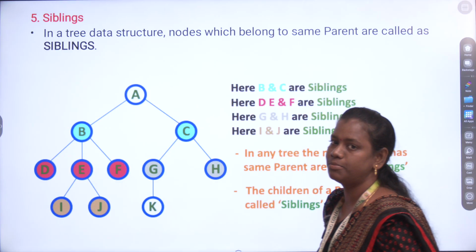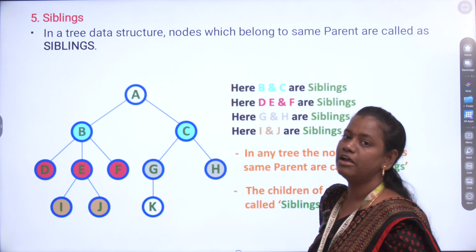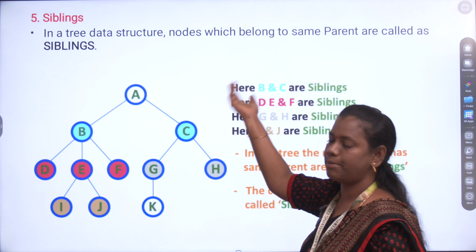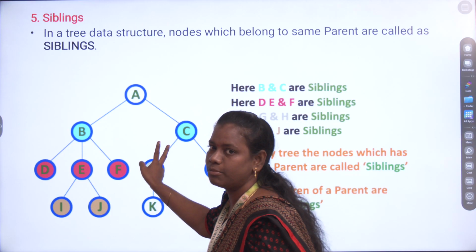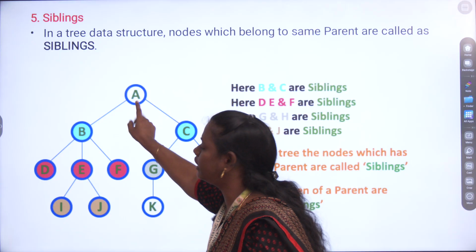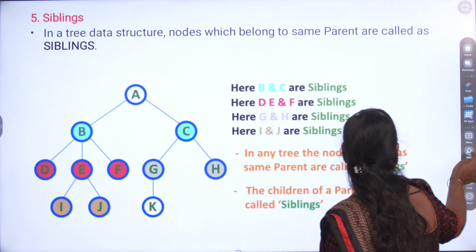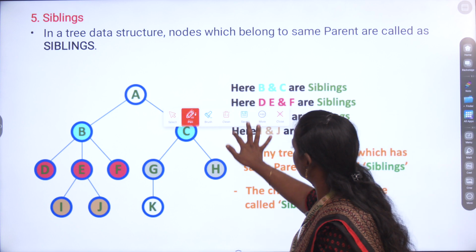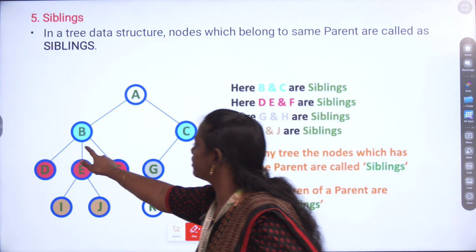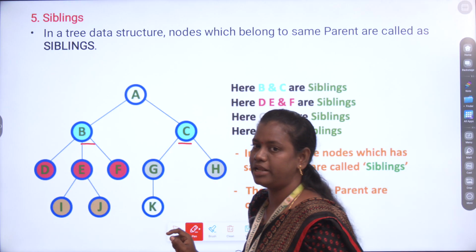And then next is siblings. Siblings are nodes which belong to the same parent. Here B and C are siblings because the parent of B and C is A. So in this example B and C are siblings.